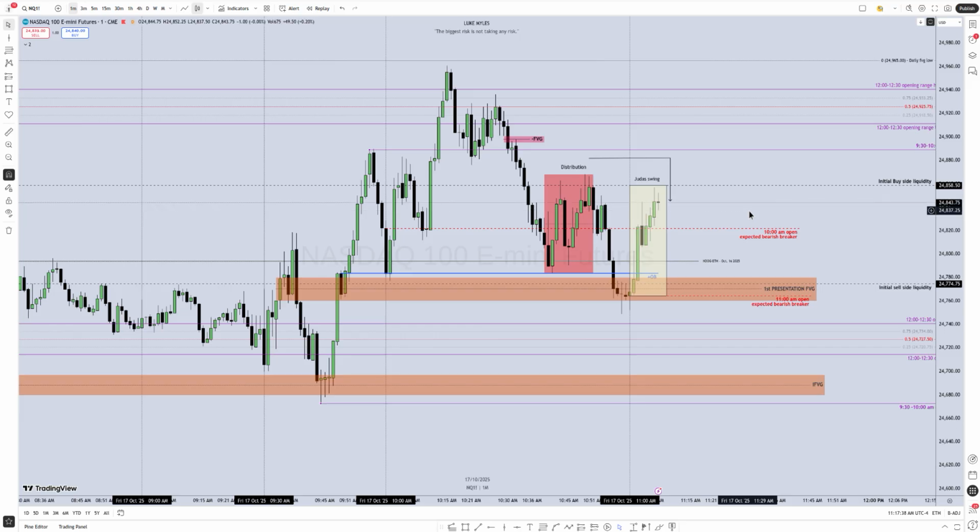If they are going, they have to go in front, and that's it. So this is a Judas swing.